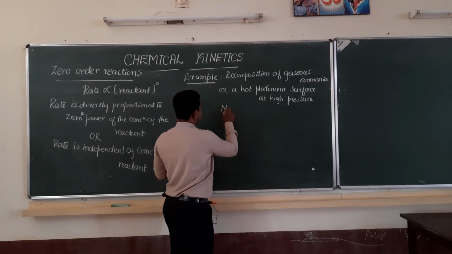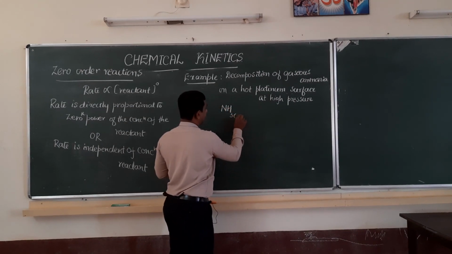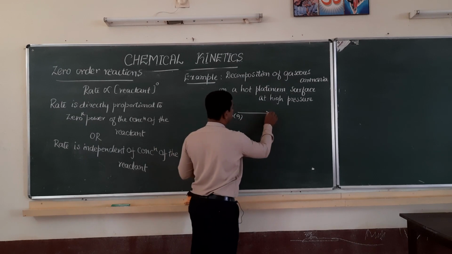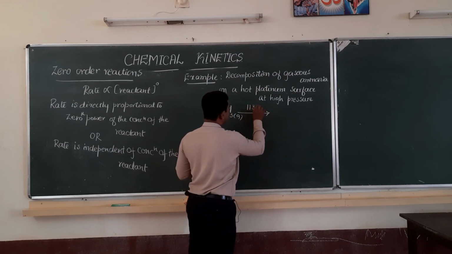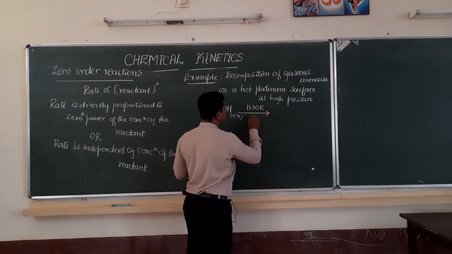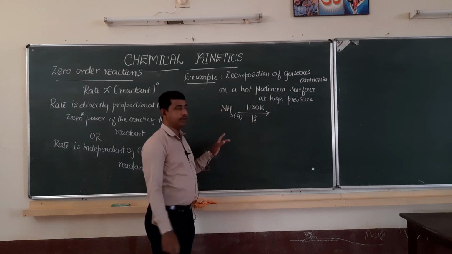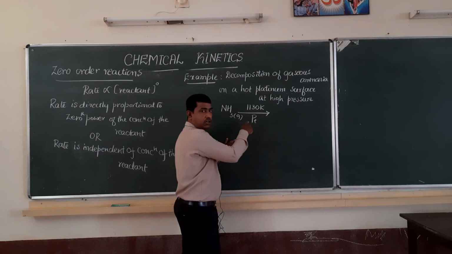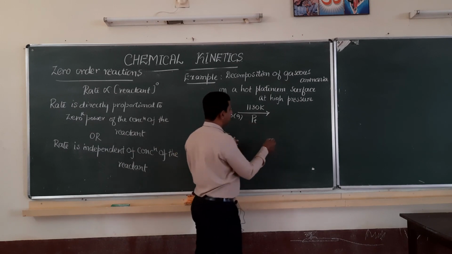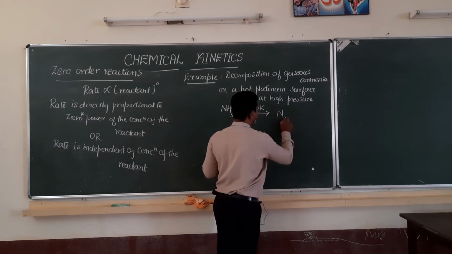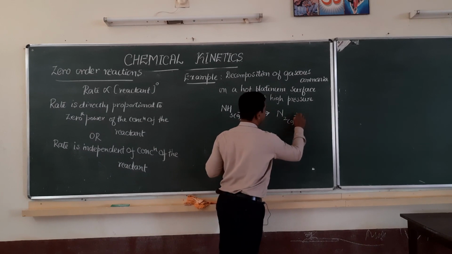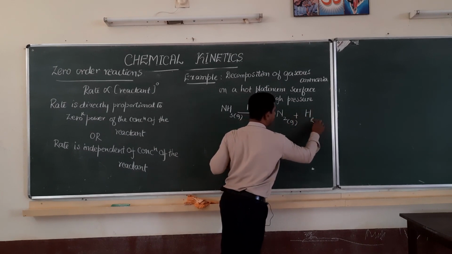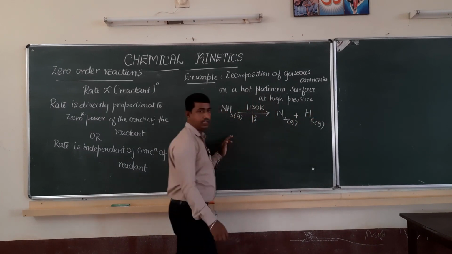Ammonia, that is NH3, is a gas. At a high temperature, around 1130 Kelvin, with a hot platinum catalyst surface, the reaction occurs on the catalyst surface. Products obtained are dinitrogen and hydrogen, N2 and H2.